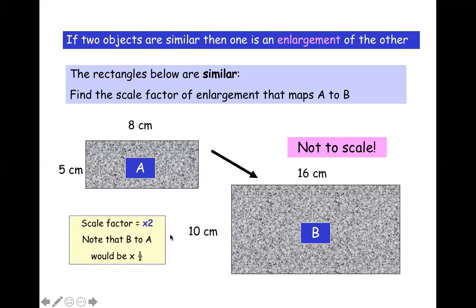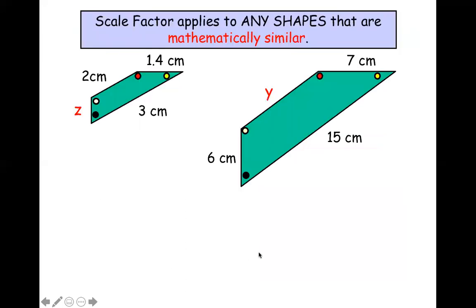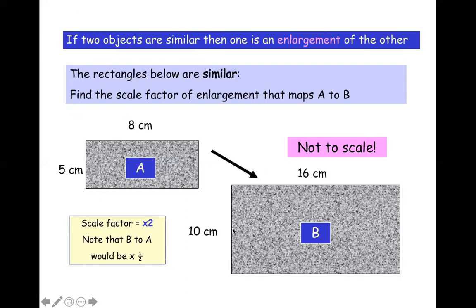So that's what they call the enlargement scale factor. And if we were asked to find the reducing scale factor, it would be the opposite of times by 2, which is divide by 2, which is what we call a half. Okay, so that is what we mean by scale factor.